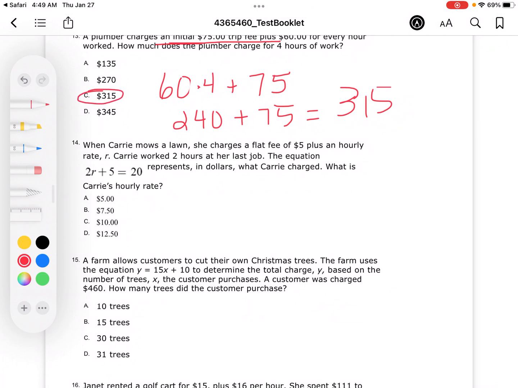When Carrie mows the lawn, she charges a flat fee. So that's the constant, the flat fee, and an hourly rate. Carrie worked 2 hours on her last job, and the equation 2r plus 5 equals 20 represents what Carrie charged in dollars. What is her hourly rate?